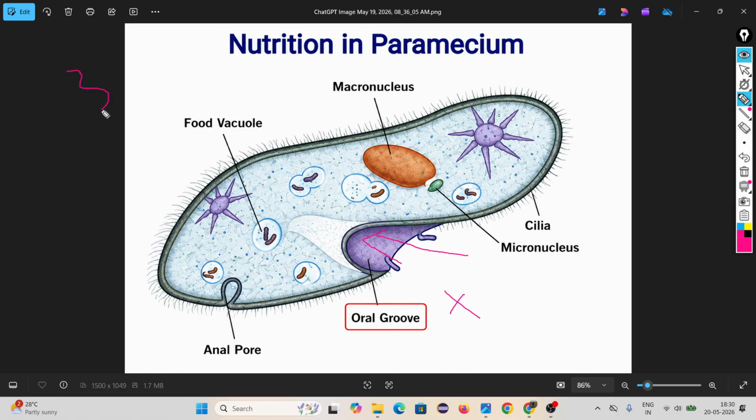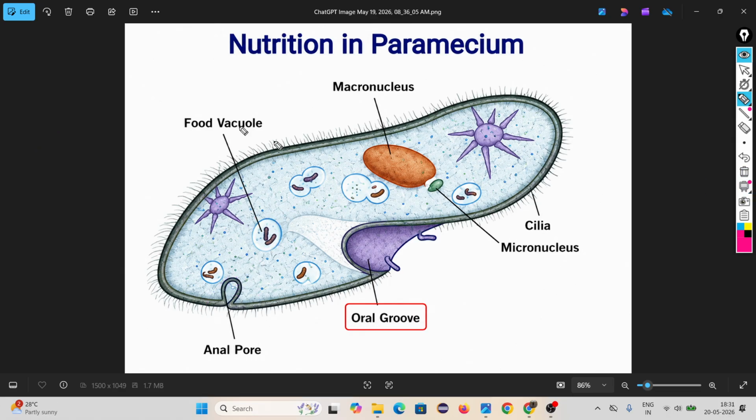Amoeba has pseudopodia for capturing food, but paramecium has an oral groove. After engulfing the food, it also has vacuoles. Inside the vacuole, they store and digest the food. After digestion, through the diffusion process, the food comes out from the vacuoles. And look, it also has another opening called the anal pore. Through the anal pore, they remove the waste material.